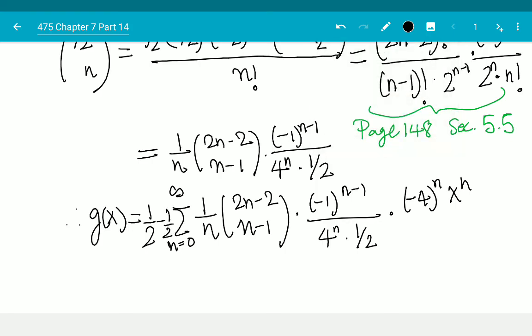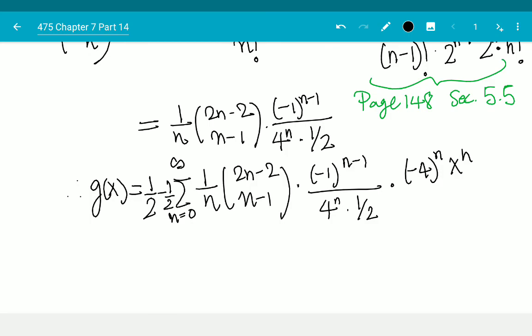1/2 summation, right? And so after everything cancels out, I am left with 1/2 plus summation. The 1/2 cancels, 4 to the n and negative 4 to the n cancel. I am left with the extra negative 1, which I cancel with the negative 1 on the outside, making it a plus.